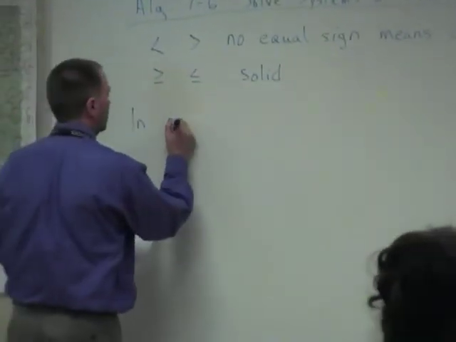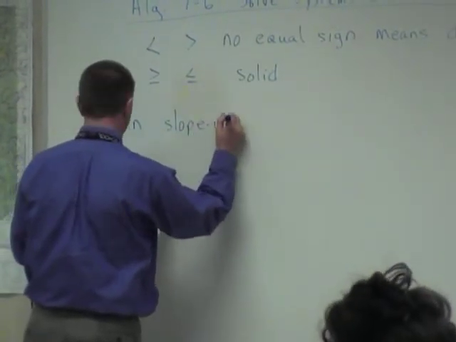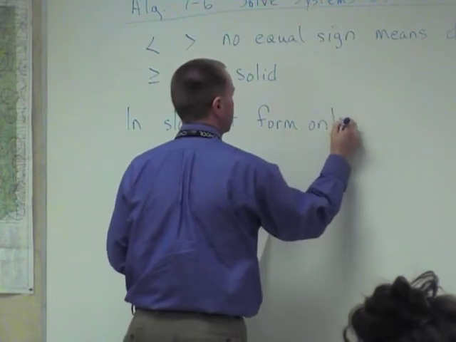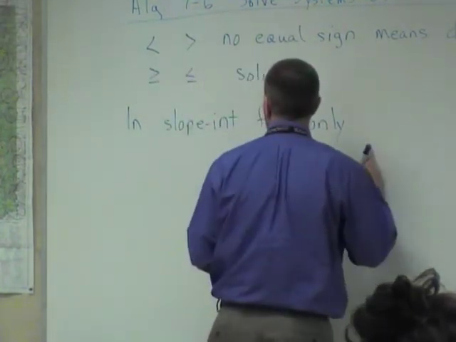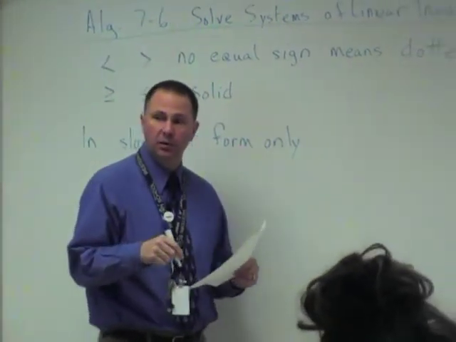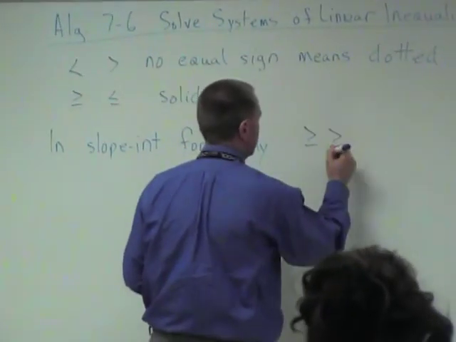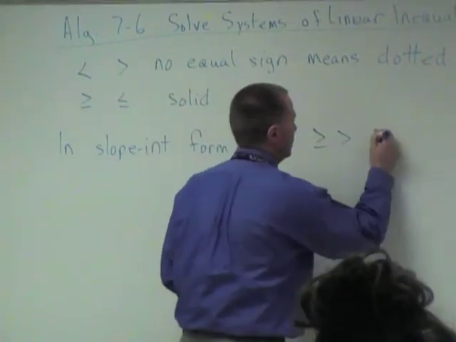All right, and again, in slope-intercept form only, that's how you decide if something is shaded above or below. It must be in slope-intercept form. So if it's greater than or equal to, or you have a greater than sign, you shade above.